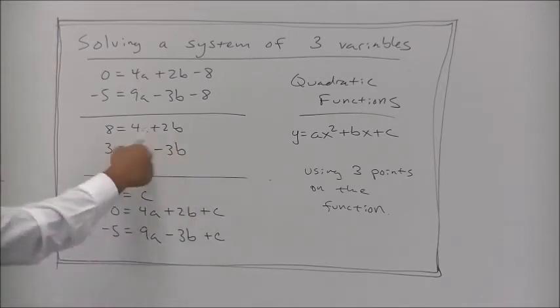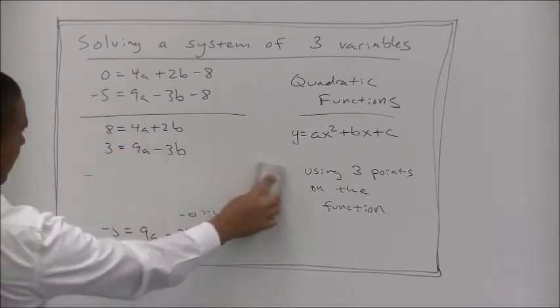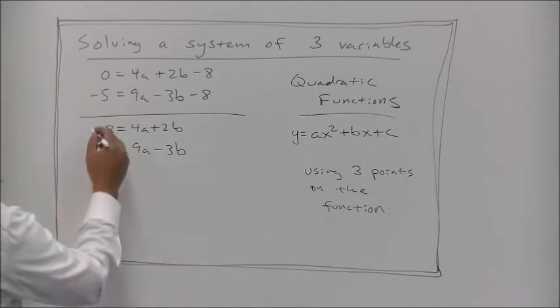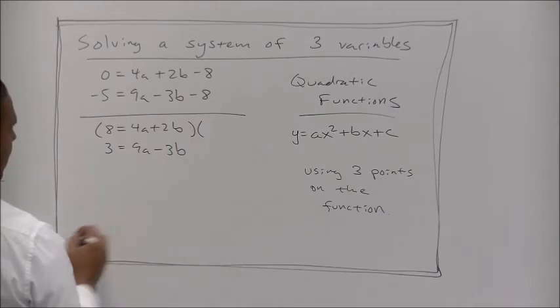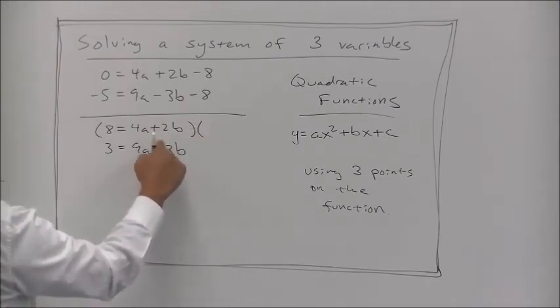And now you can solve that. It's just like the warm-up today. What do we look for? What do you gotta make? Opposites. You gotta make them cancel. So what can we do? Multiply by negative 9? Well, these are smaller.